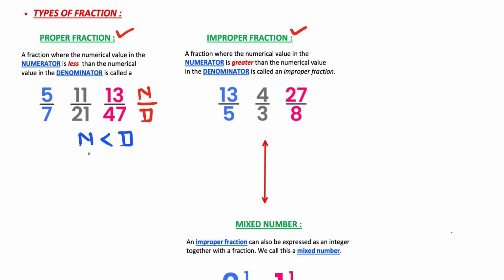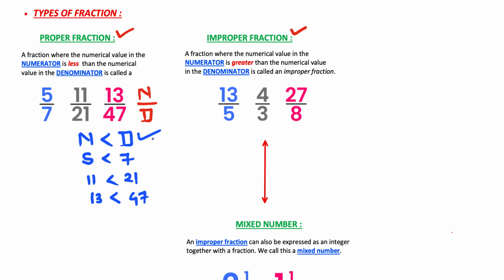See now, 5 is lesser than 7, 11 is lesser than 21 and 13 is lesser than 47. So you must have understood what exactly a proper fraction is: those fractions in which the numerator is lesser than the denominator are called proper fractions.